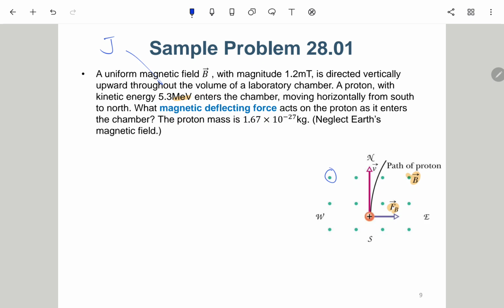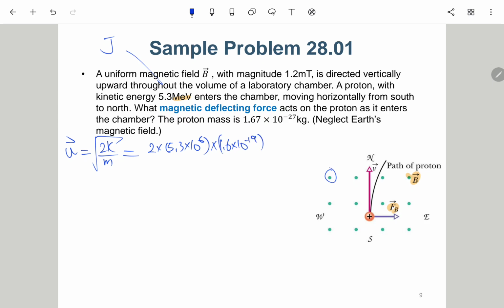So here we would like to know what is the velocity, because here we only know the kinetic energy. So we need to find the velocity so that we can plug the velocity in the Lorentz force formula. Okay, so actually K is 1/2 mv squared. So which means it is 2K over m, and then take the square root for the whole term. So this is 2 times 5.3 times 10 to the 6th power, times 1.6 times 10 to minus 19.